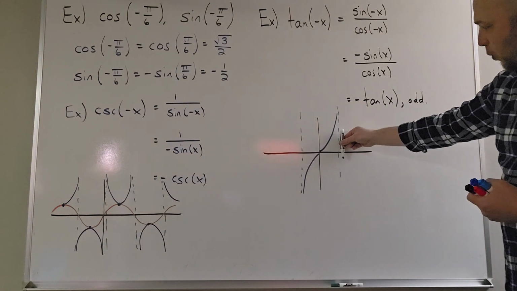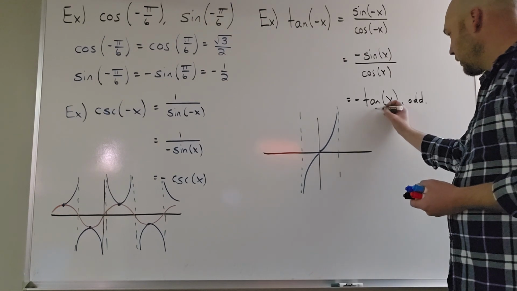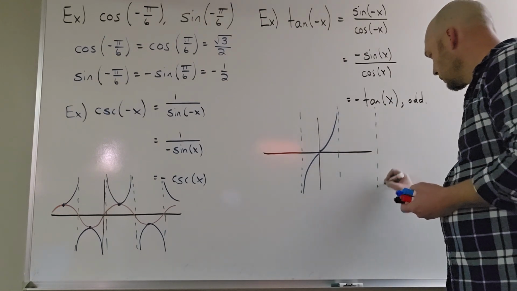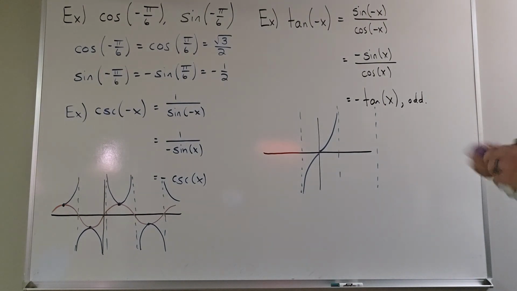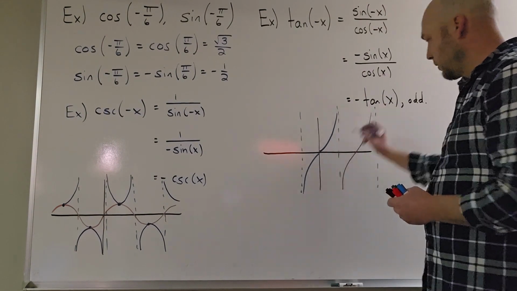So this would be pi over 2, this would be negative pi over 2. I'd have another one at 3 pi over 2. What happens is this pattern just repeats as I go out to the left and to the right.